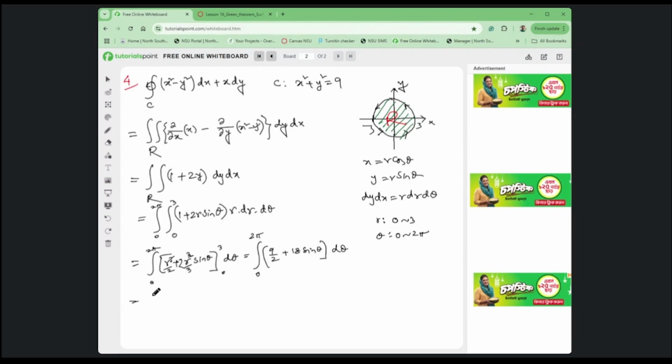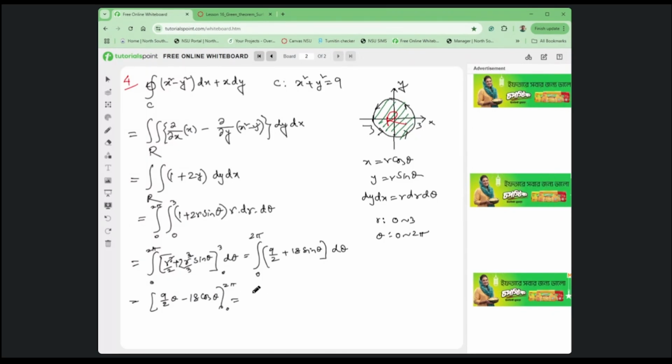So then 9 by 2 theta minus 18 cos theta, 0 to 2 pi. So 9 by 2 into 2 pi, 2 pi, sorry, 2 pi minus 18 cos theta.